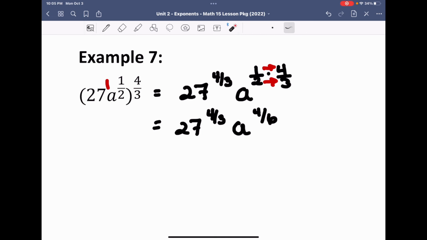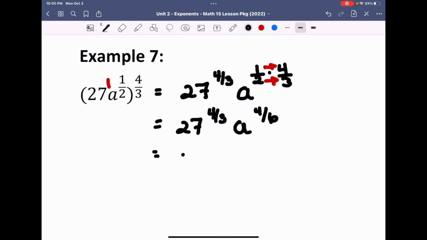Now here's where we have to be really careful. Even what we were doing on the previous example, example 6, we want to check and see if we can reduce our rational exponents. In this case, 4 over 6 can definitely reduce. So we want to rewrite this as 27 to the 4/3 with a to the 4 over 6, which reduces by 2 each to be 2 over 3.